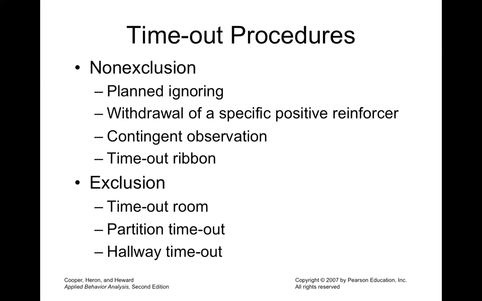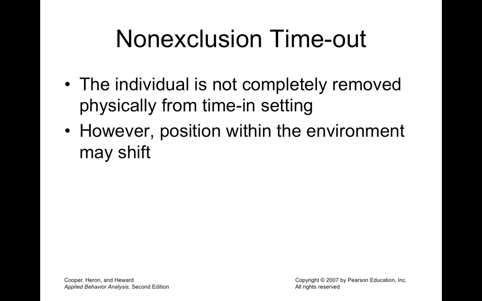Non-exclusion and exclusion. In exclusion timeout, a person is completely removed from the environment for a specified time, contingent on the occurrence of the targeted inappropriate behavior. So instead of using exclusion timeout, in the education field, we prefer to use non-exclusion timeout.